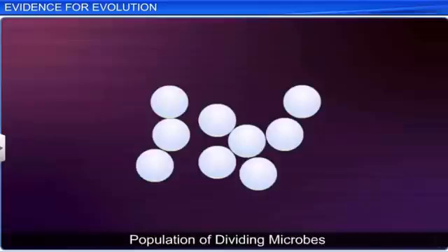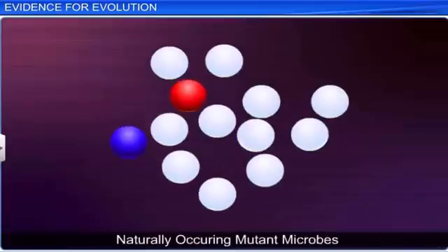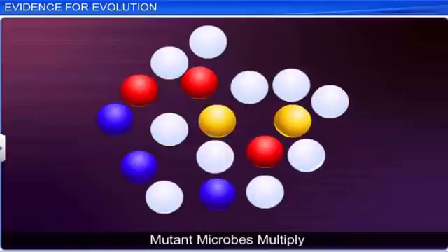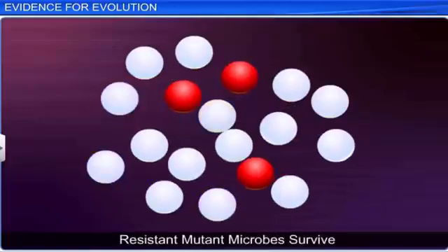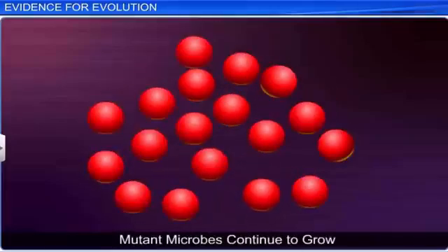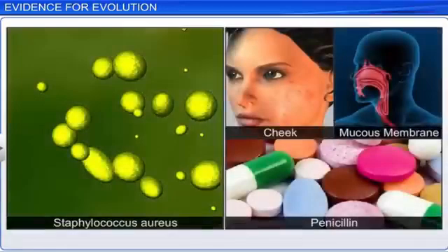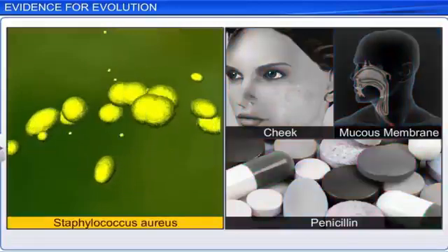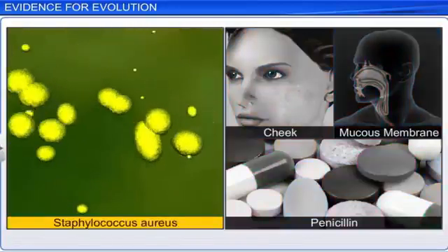Similarly, resistant microbes also emerge when we use antibiotics and drugs. For example, Staphylococcus aureus is a resistant pathogen.